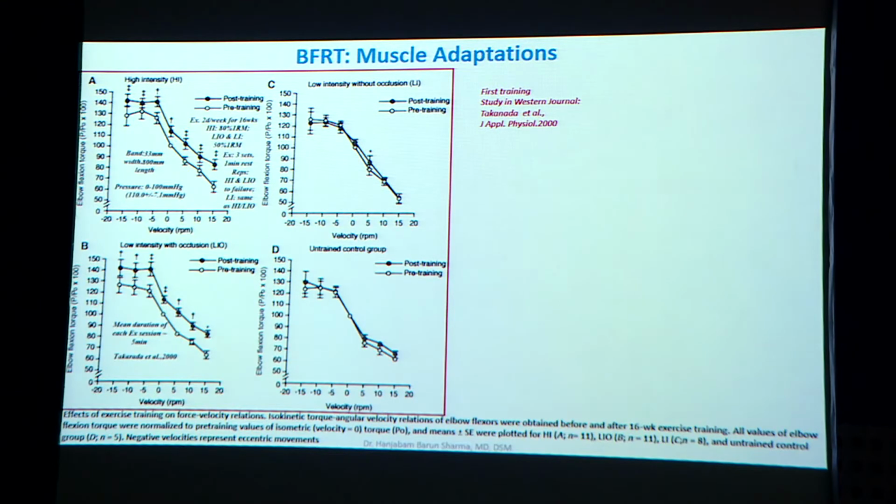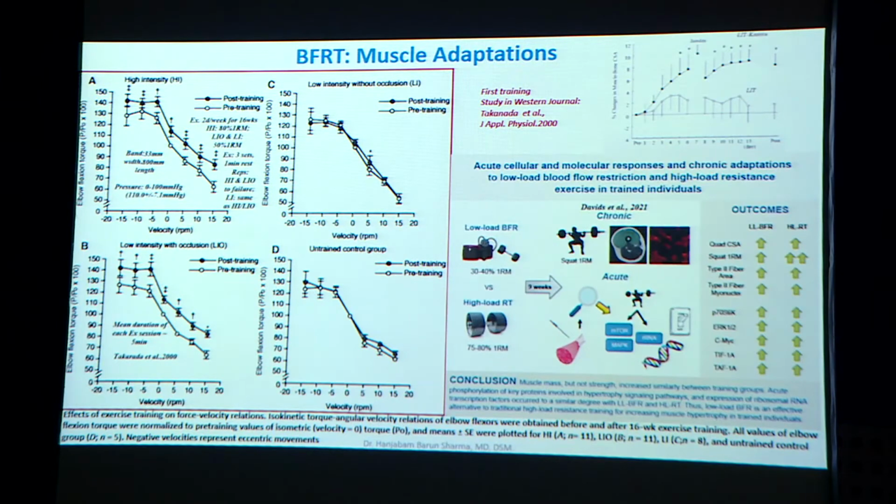So as compared to no training at all or low training without any occlusion, you are achieving the concept. And this technique was actually present in Japan, but they published this paper for the first time in 2000.